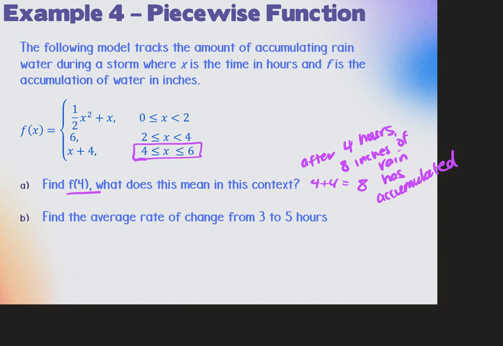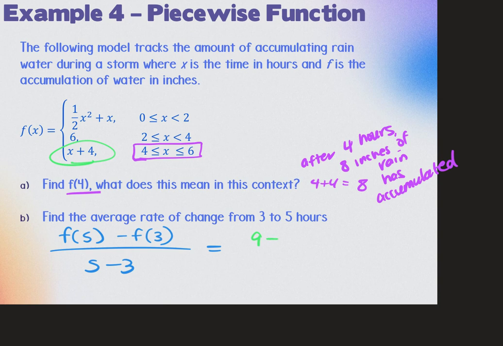B says find the average rate of change from 3 to 5. So I have to find F of 5 minus F of 3 over 5 minus 3. F of 5 would be plugged into which equation? That bottom one again. So it would be 5 plus 4, which is 9. F of 3 would get plugged into which equation? The middle one, which is just 6.